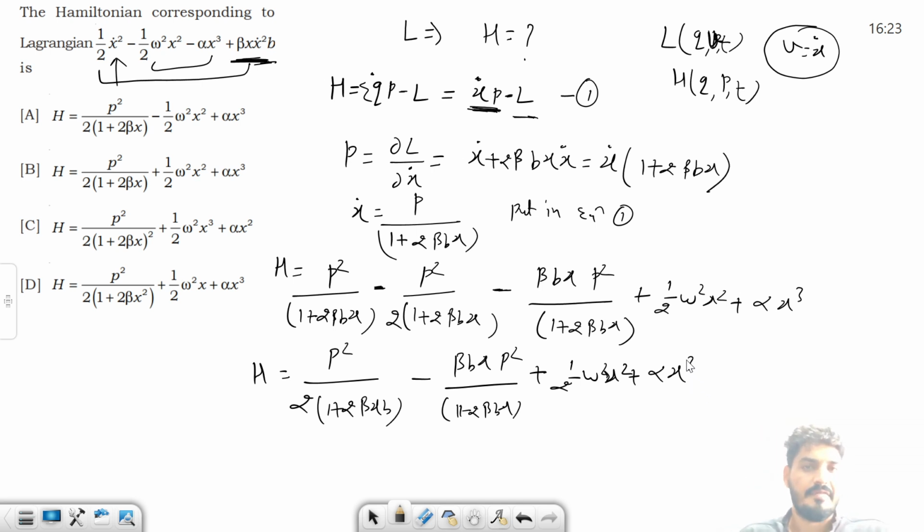This is the Hamiltonian. Fine. Now you see which one is the best answer, because this term is not given in the answer, keep this in mind. So I can say that the best answer is this one.